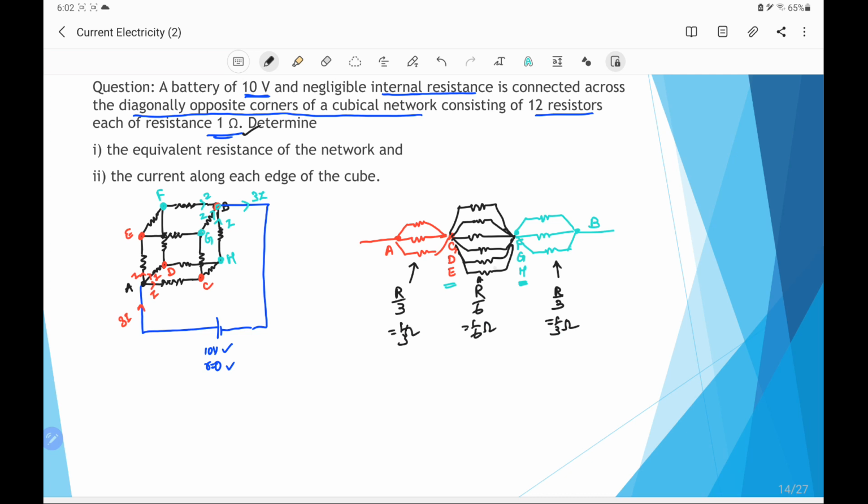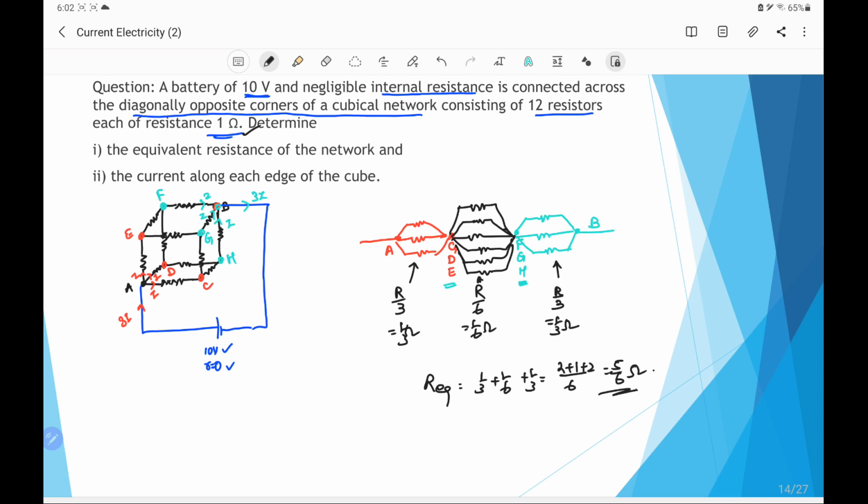Now these 3 resistances are in series between A and B. So the equivalent resistance between A and B is 1/3 plus 1/6 plus 1/3, which, taking LCM 6, is (2 plus 1 plus 2) by 6, equal to 5 by 6 ohm. This is the equivalent resistance between A and B.